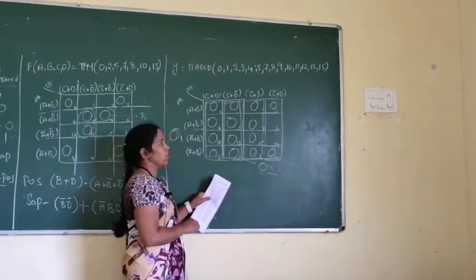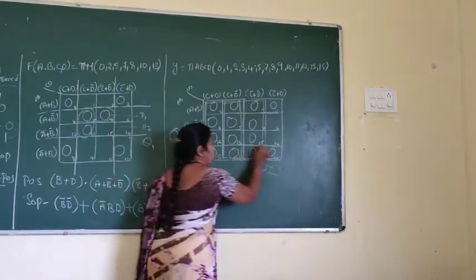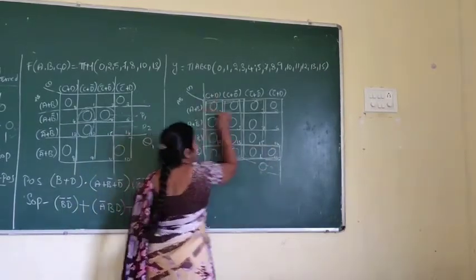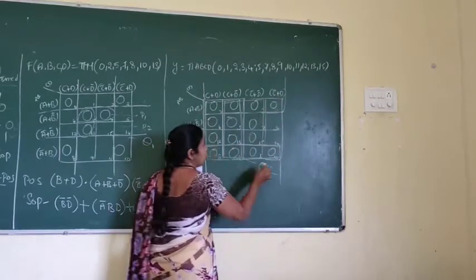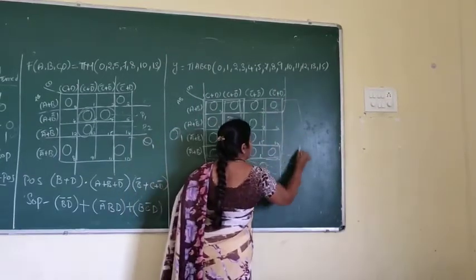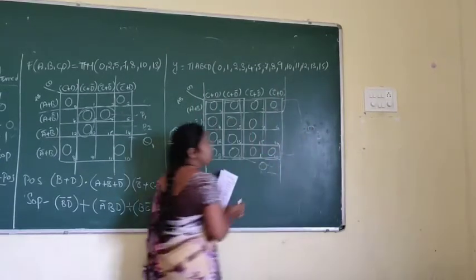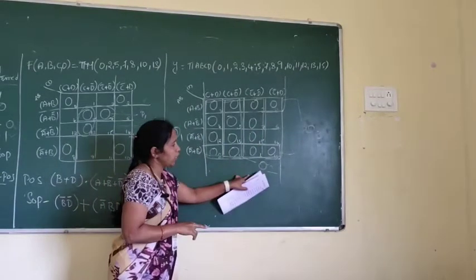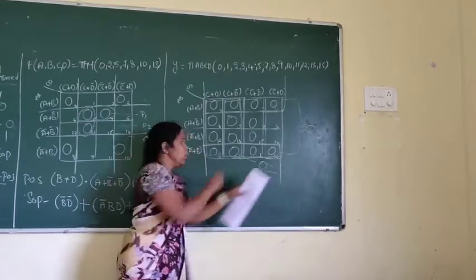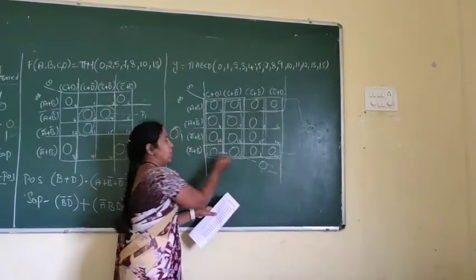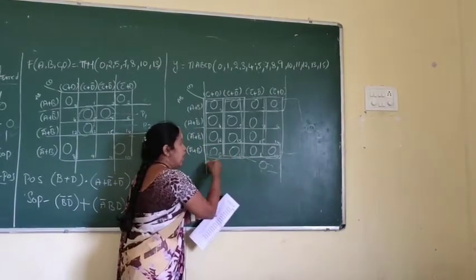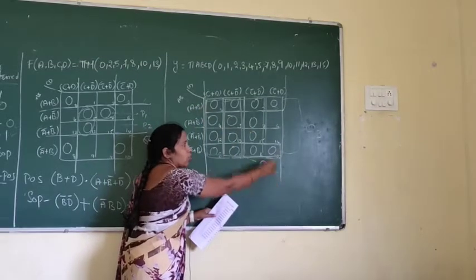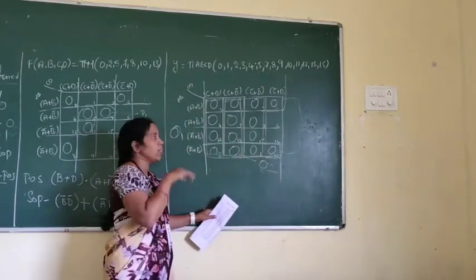One more octet you can get here, these 4 and these 4, so you are getting octet 3. So the total number of octets is three: octet 1, octet 2 and octet 3. The first two columns are octet 1, the second and third columns are octet 2, and the first row and last row are octet 3.